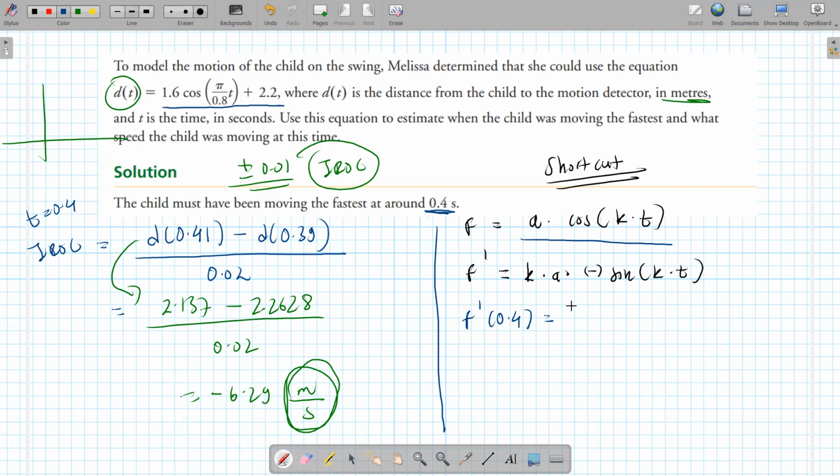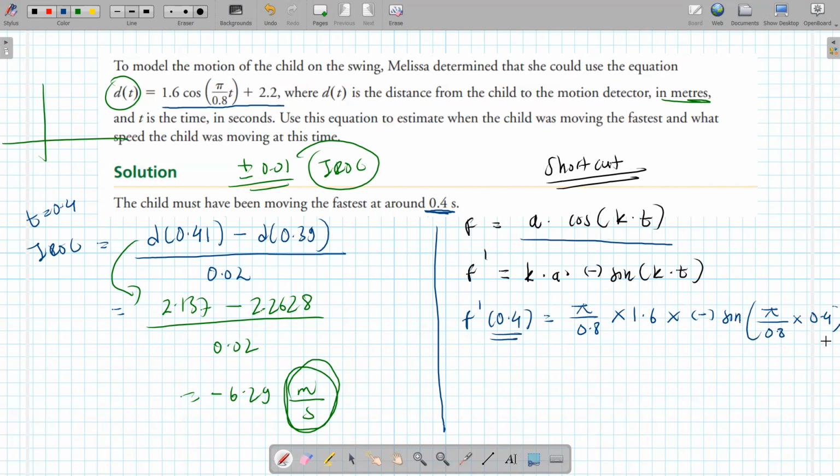Right, so it'll be pi over 0.8 times, what's our a value? 1.6. 1.6 times negative, cosine becomes sine. Negative sine of k is still pi over 0.8, and our t value, our IROC value that we're interested in is 0.4. So now let's plug this into a calculator.